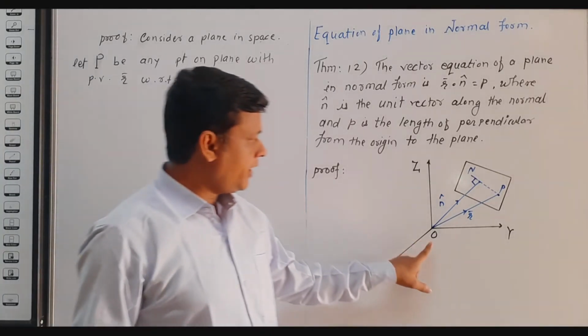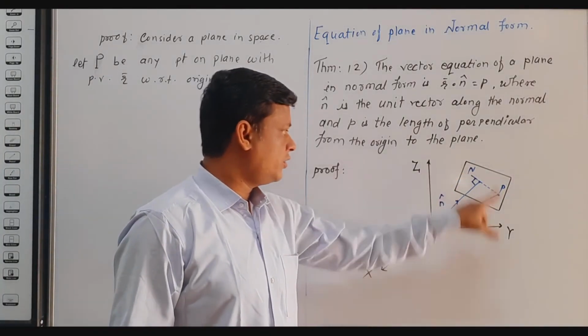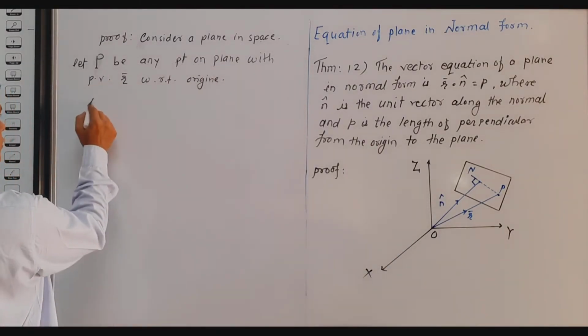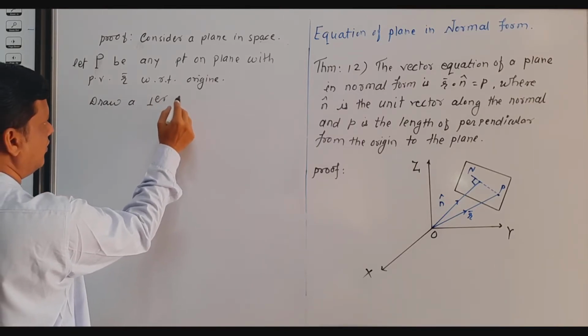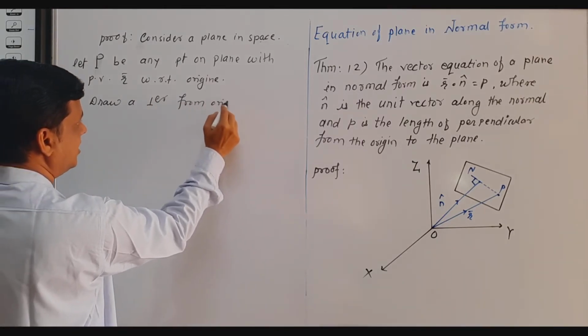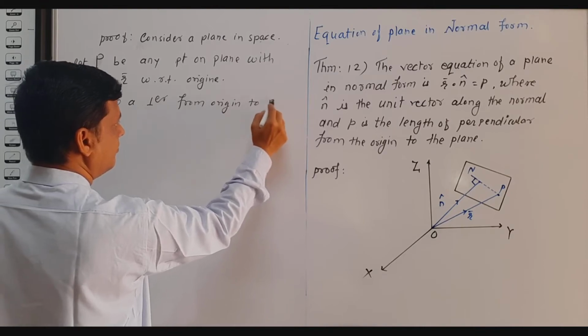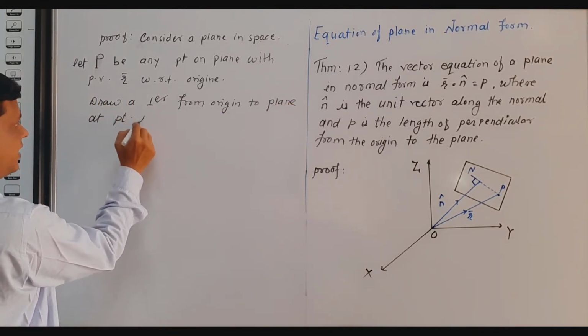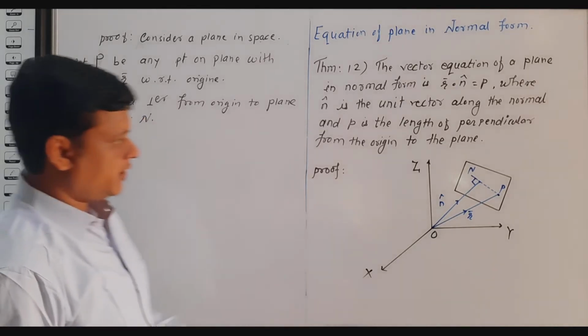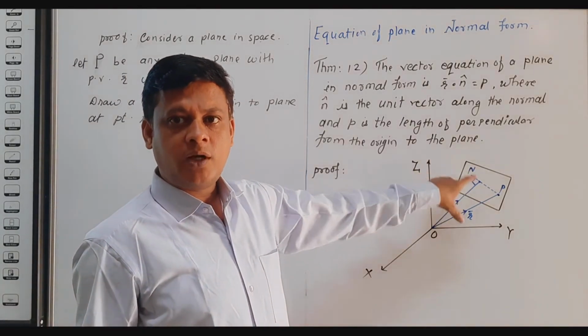We draw a perpendicular from the origin to the plane at point capital N. So this ON is normal to this plane.